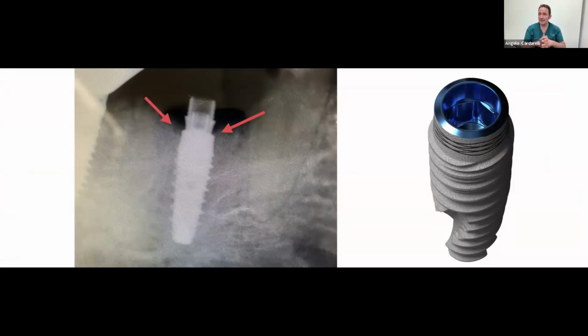So we can have a better seal against the bacteria, and we can allow the growth of the bone around the neck of the implant, as you can see in this X-ray. This is the X-ray 4 months after the osseointegration, okay?